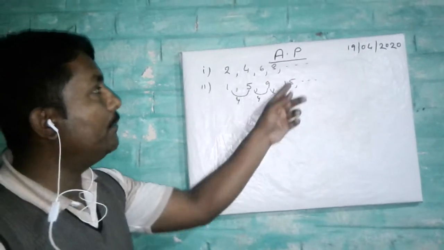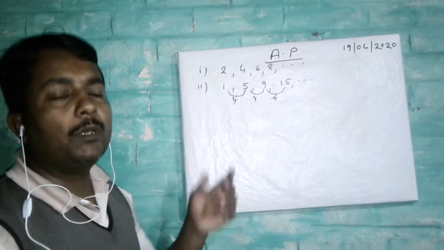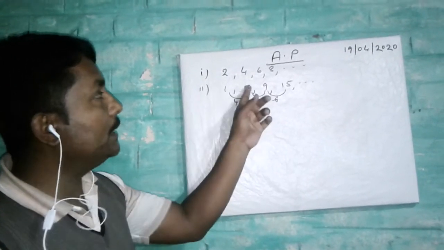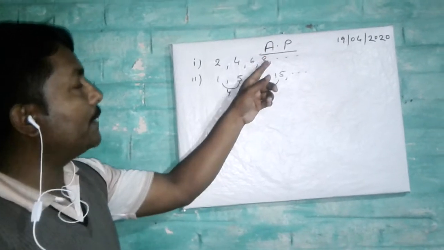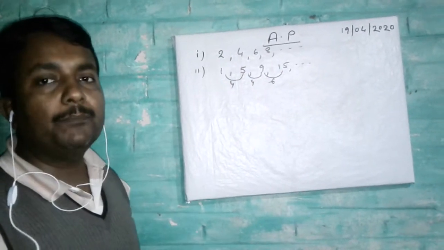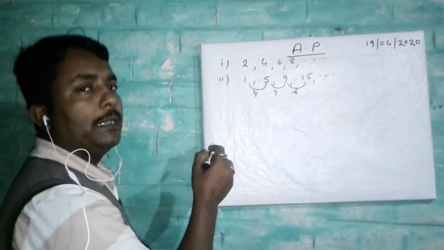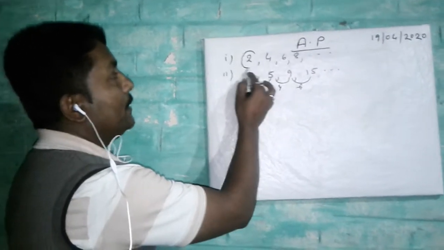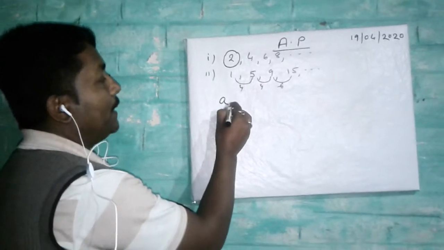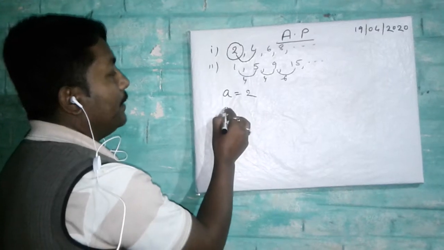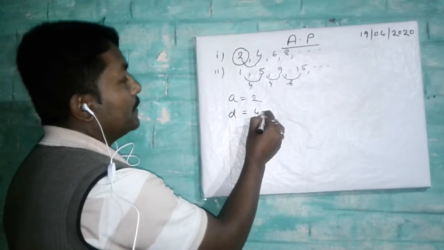So this is the way we find whether a particular series is in AP or not. If the series is in AP, then the difference in each case has to be the same. Now, if the series is in AP, then the first term is represented by A, and the difference is represented by D, that is called the common difference.